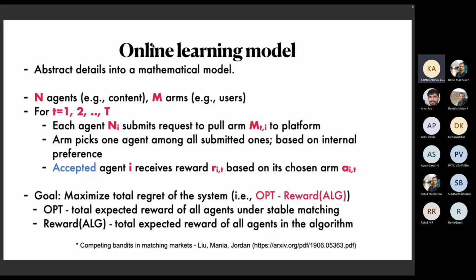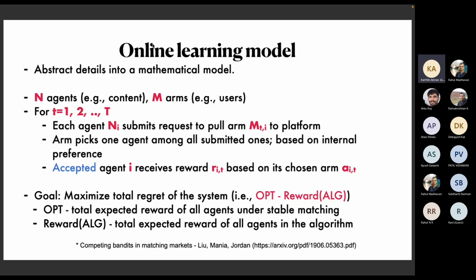And then the arms come back picking one of the agents. Look at each arm: each arm will get maybe 3 or 4 proposals and it'll just pick one of the agents among all of them. Typically it's the one with the highest internal preference, and then it sends the reward for that particular agent back to the platform.